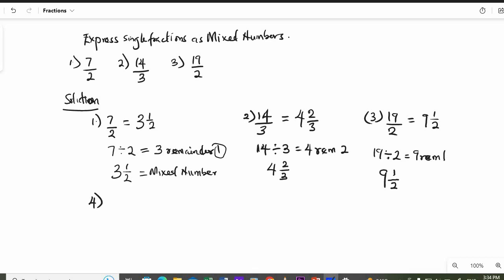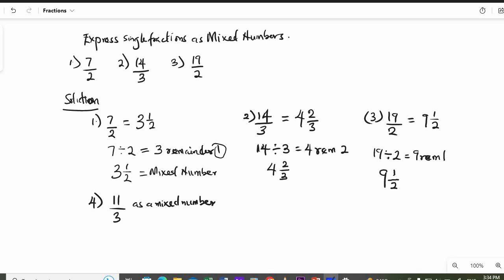Let's say express 11/3 as a mixed number. Okay, so you can pause the video and work it out yourself before I reveal the answer. So I'm going to reveal the answer now.